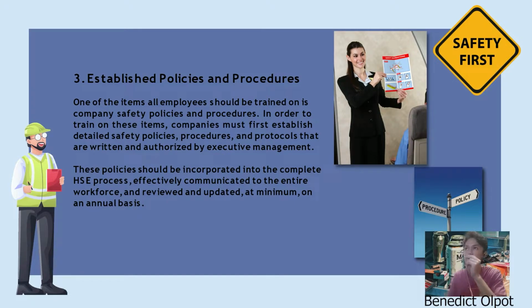Establish policies and procedures. One of the items all employees should be trained on is company safety policies and procedures. In order to train on these items, companies must first establish detailed safety policies, procedures, and protocols that are written and authorized by executive management. So, ito yung rules and regulation bago sila pumasok sa work.